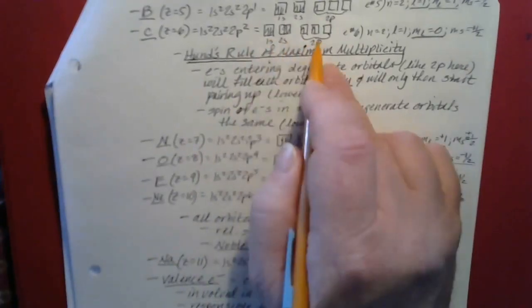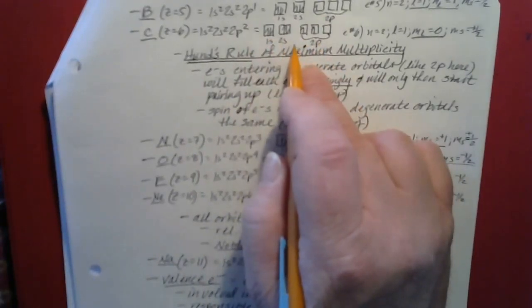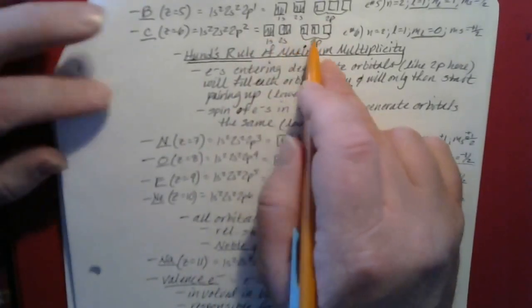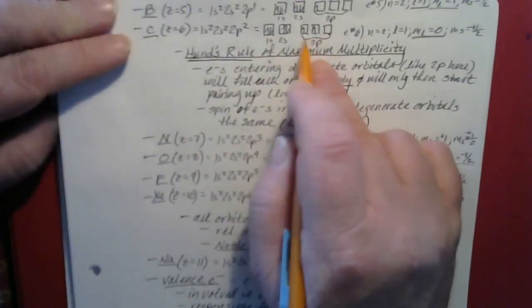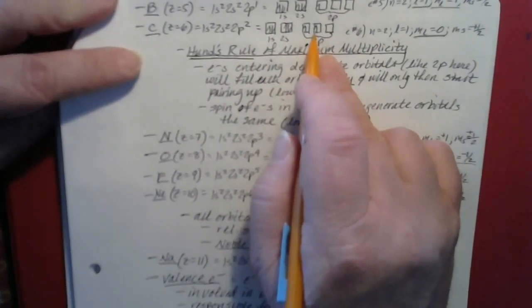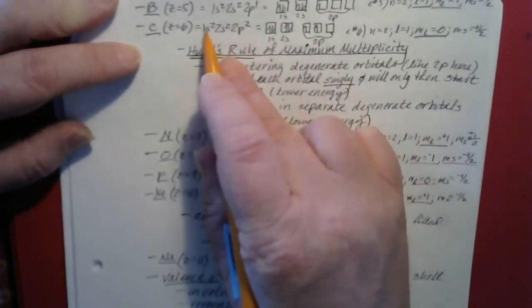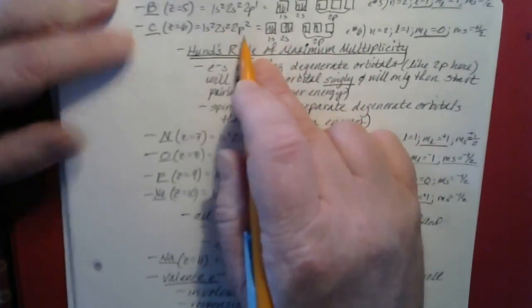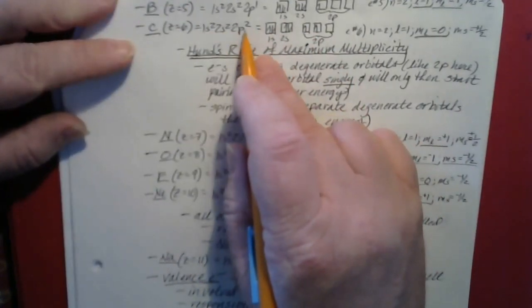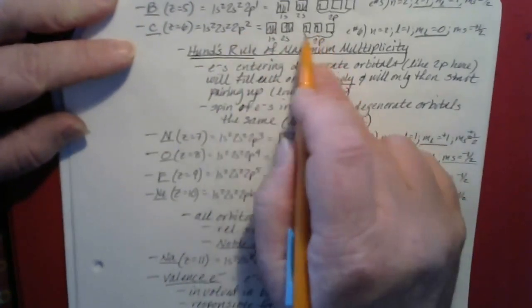But that is where the advantage of drawing orbital diagrams comes in. The orbital diagram does show that there are indeed unpaired electrons. You might be tempted to assume, since each type of orbital has an even number of electrons, that there are no unpaired electrons. But in fact, there are 2 unpaired electrons.